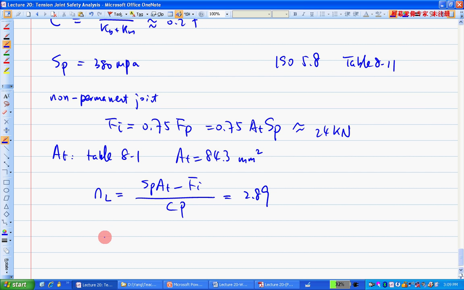And N naught equals P naught over capital P, and P naught is Fi over 1 minus C. So that's the N naught formula. This value is approximately 3.10. Those are good.